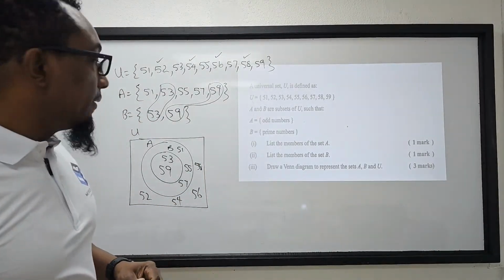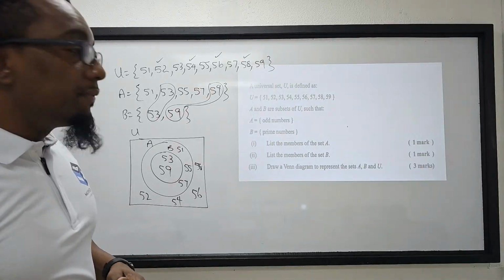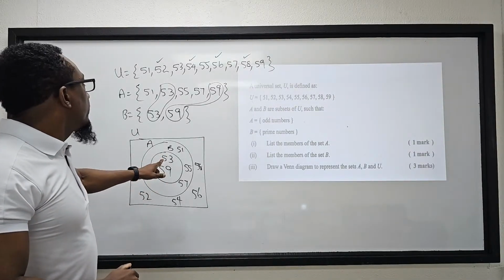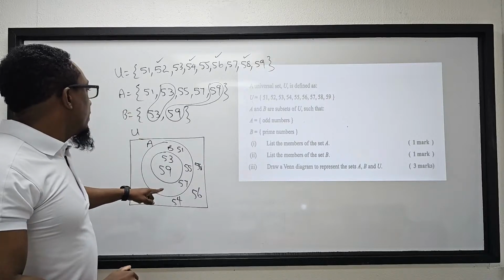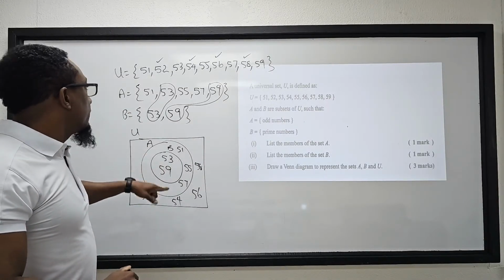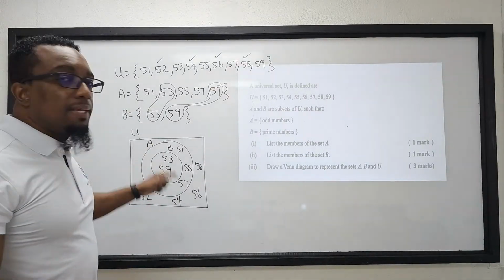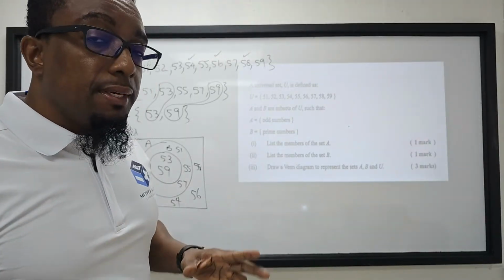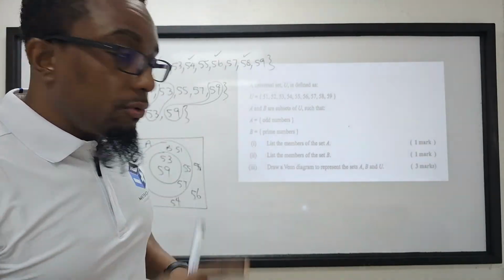And we have 59 there, alright? So all the elements of the universal set are there, 51, 52, 53, 54, 55, 56, 57, 58, 59, yes? So we have our completed Venn diagram, but one circle drawn within the other.